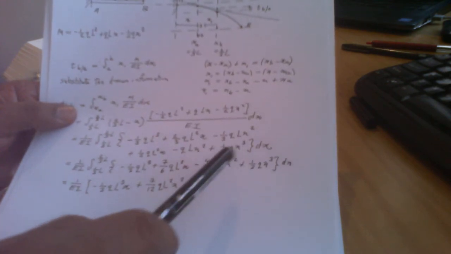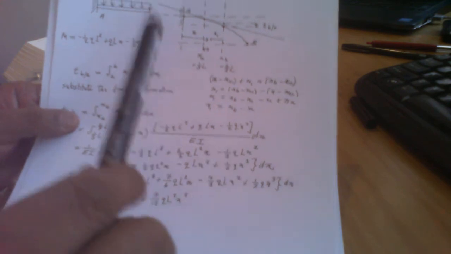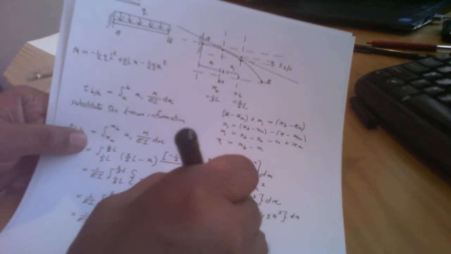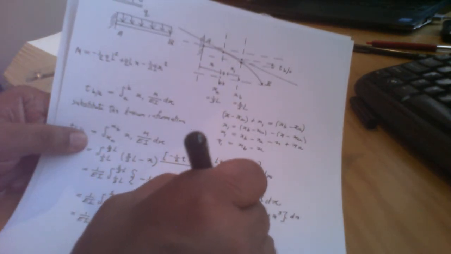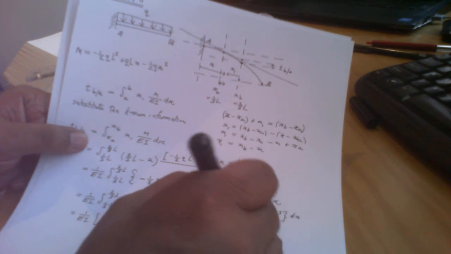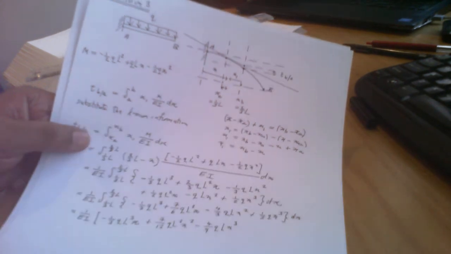Integral will be x cubed over 3. 3 times 3 is 9. So this would be minus 4 over 9 QLx cubed.